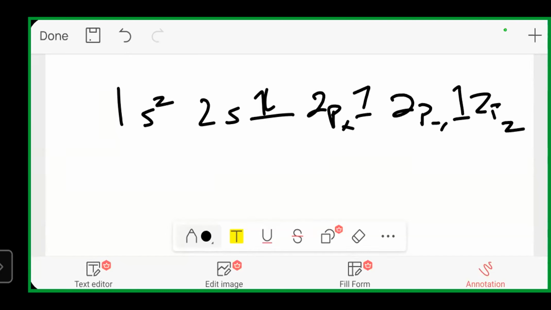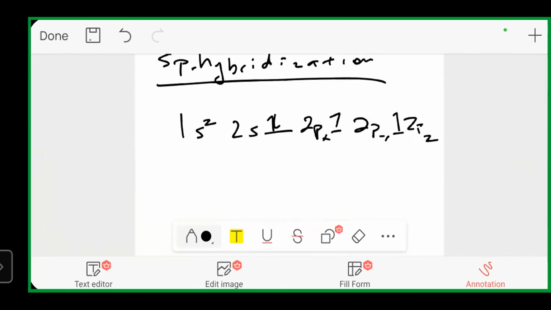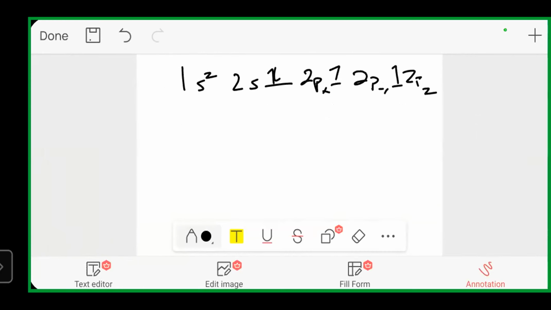So when we did sp3, what do we add together to make the sp3 hybrids? The s and the 3 p's, all in the second energy level, right? So we added all 4 atomic orbitals and we got 4 hybrid orbitals. For sp2, what do we do to make an sp2 hybridized carbon? We have one of the s's in the second energy level and then 2 of the p's to make 3 sp2 hybrids. Is that right?